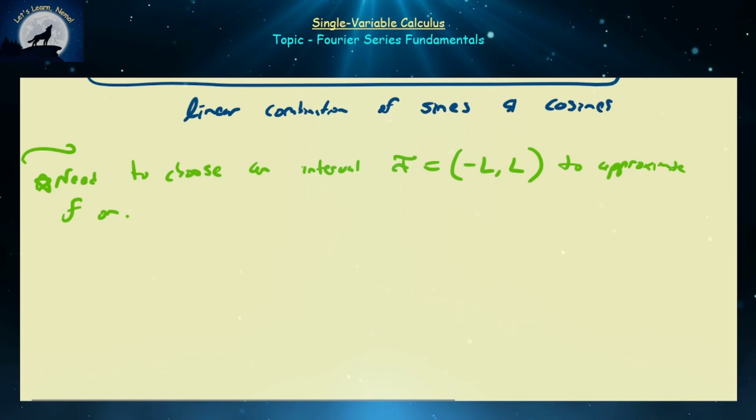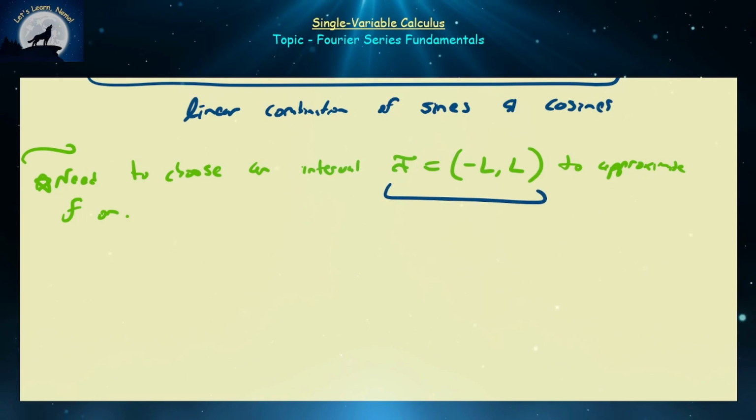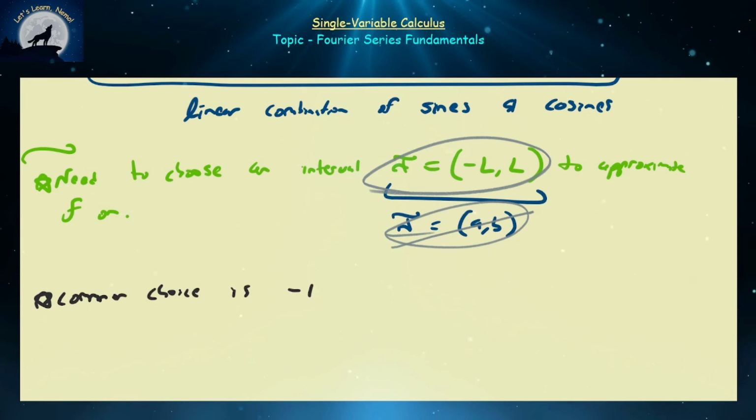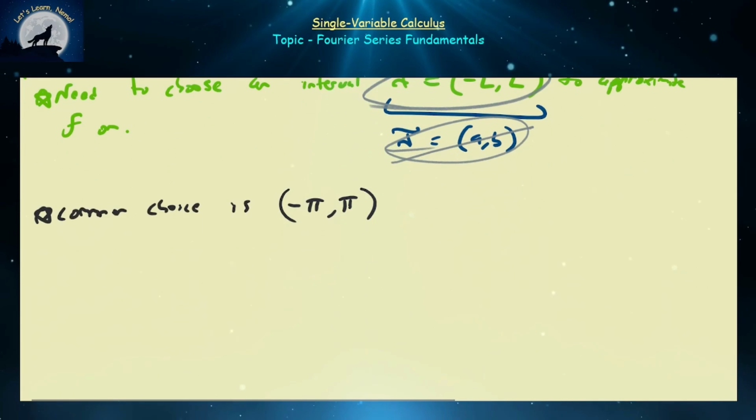Generally speaking, you can turn this I into any interval a, b via transformations, but we're going to be assuming that the interval is symmetric about x equals 0. And more importantly, a common choice is minus pi to pi, in particular because it has a length of 2 pi and it's centered around 0, which sine and cosine are typically going to be built upon.